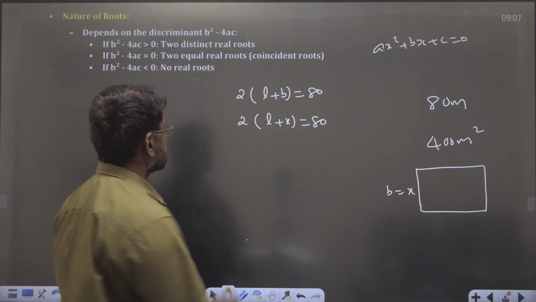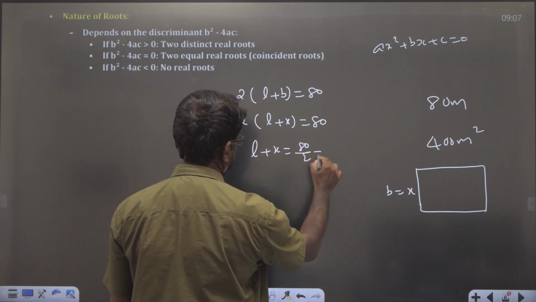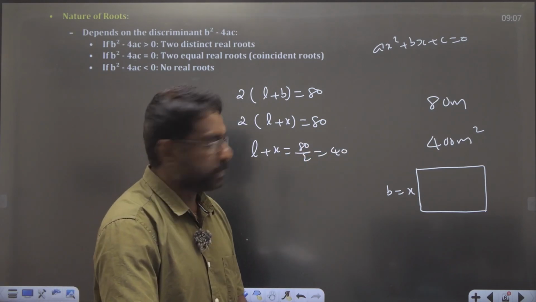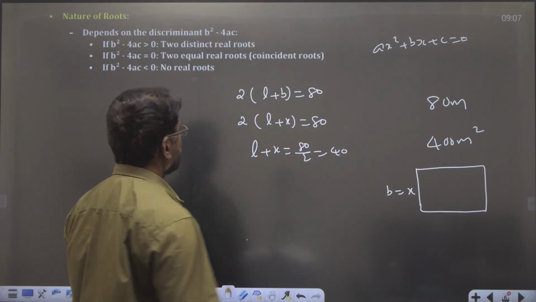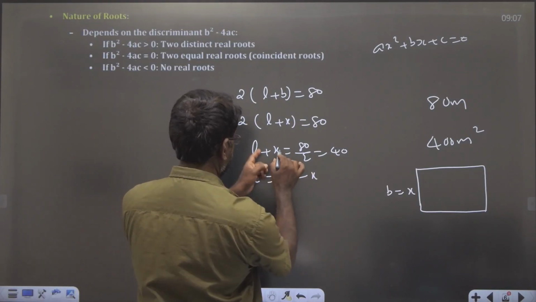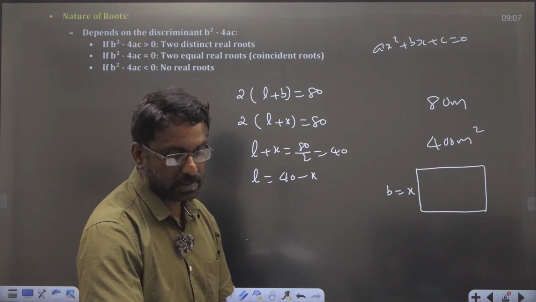So L plus x is equal to 80 by 2, that is 40. Therefore, L equal to 40 minus x. Take this x to the right hand side.